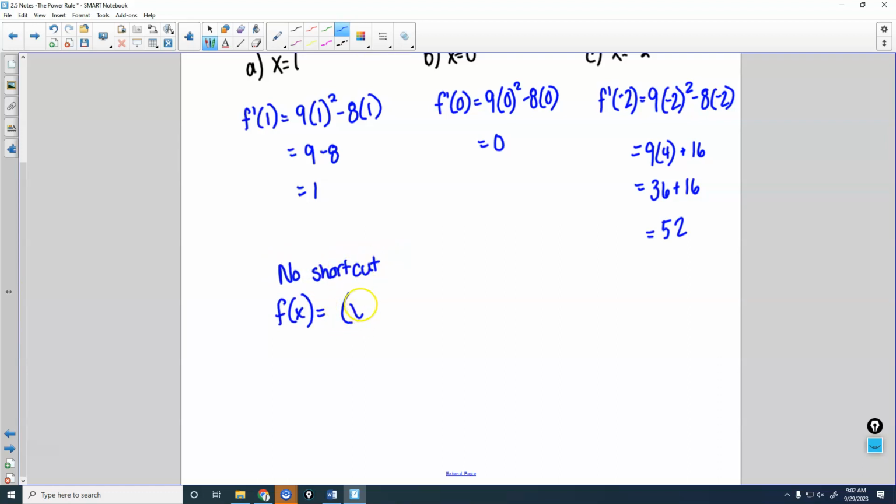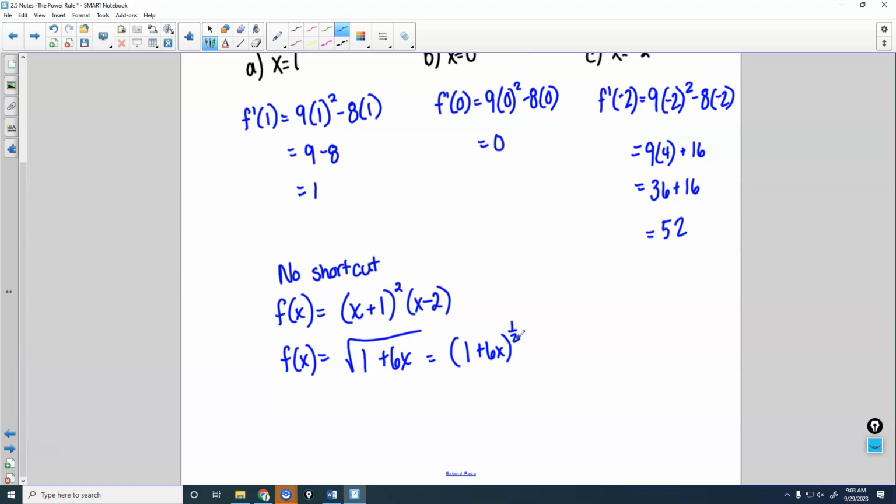If I have something like this, x plus 1 squared times x minus 2, technically I can use the shortcut, but only if I expand that out first. Okay, so you would have to expand that out. If I have something like f of x equals the square root of 1 plus 6x, can't do it. Because you've got a root, you could write it like this, 1 plus 6x to the 1/2 power, but you can't distribute that 1/2 there. It's an exponent, it's not a coefficient.